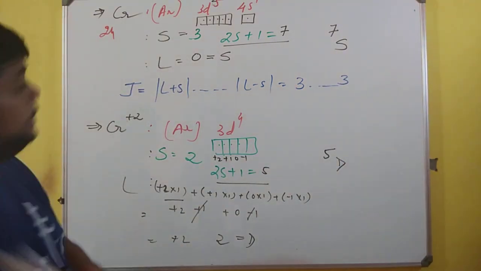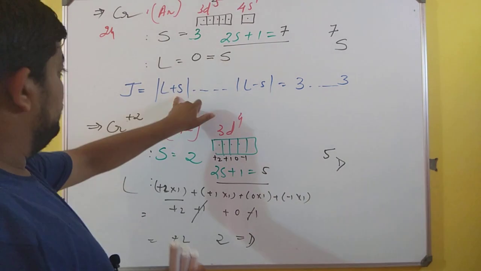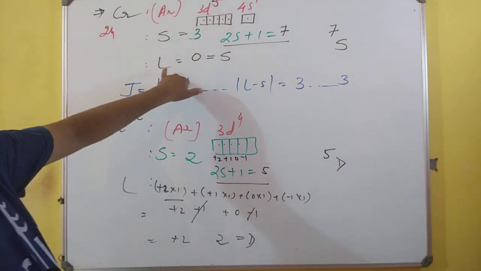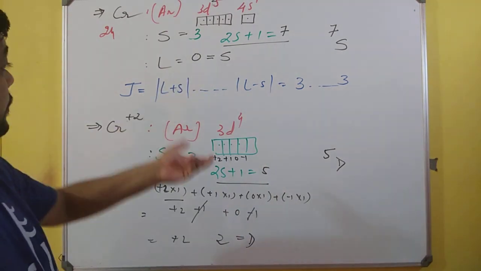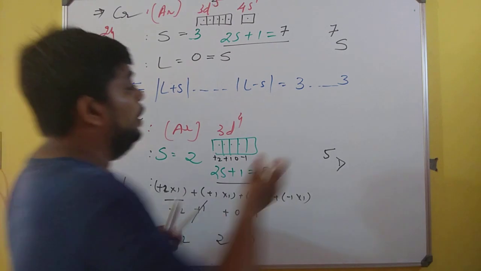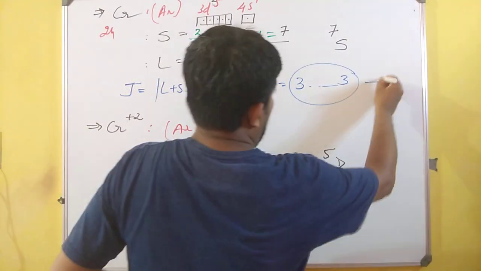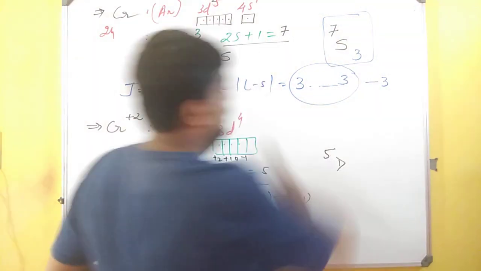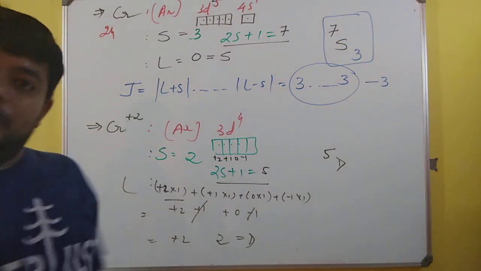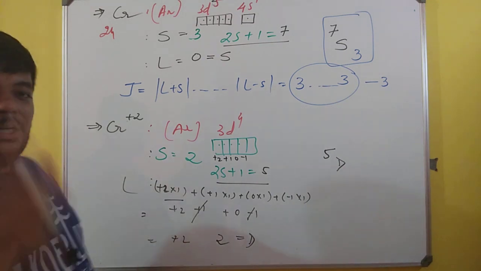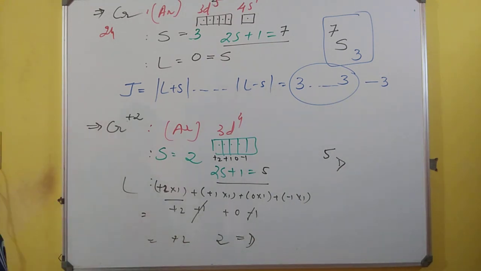Let us check once. S belongs to 3. So here it will be 3, here it will be 3. On the other side, L belongs to 0. So 0 plus 3 is 3. 0 minus 3 is 3. So you have to only mention one value and that value is 3 and it will come over here, 7S3. So whenever you are talking of chromium, atomic number 24 and 6 unpaired electrons, its term symbol is 7S3.